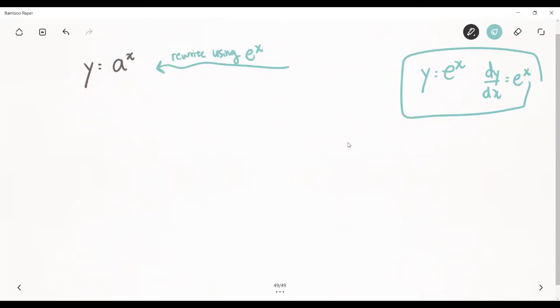Go ahead and pause. I want you to think, how can we rewrite a to the x so that it looks like e to the something? What could we put in this box?